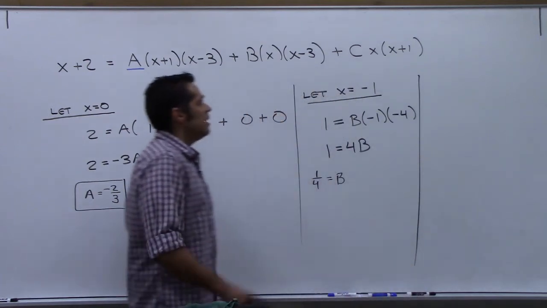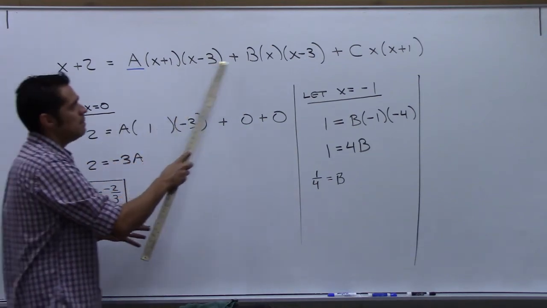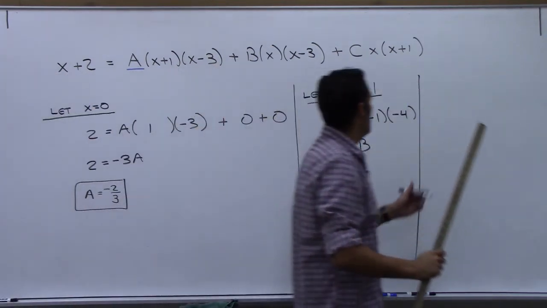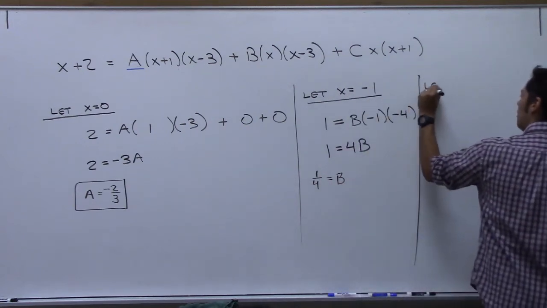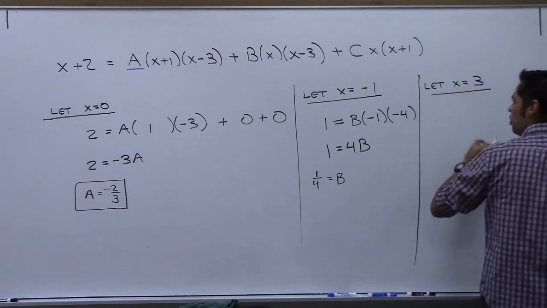All right, can you get C now? Can you kill off the A and B? X equals positive 3. X is 3. So you're just looking at the factor that is missing from the one you're looking for, but appears in both of the other ones. So x minus 3 appears, x minus 3. To kill x minus 3, you let x equal 3.